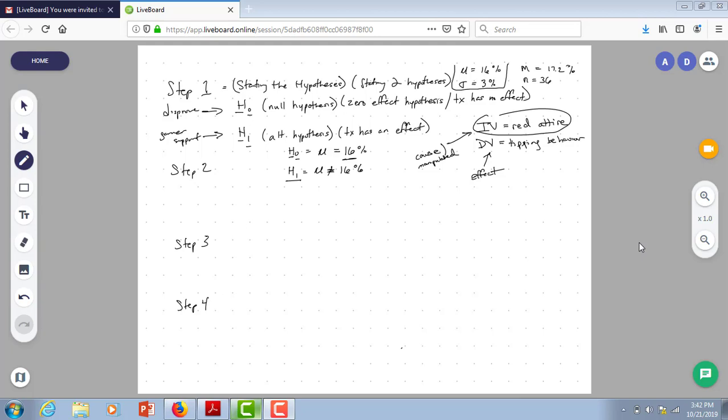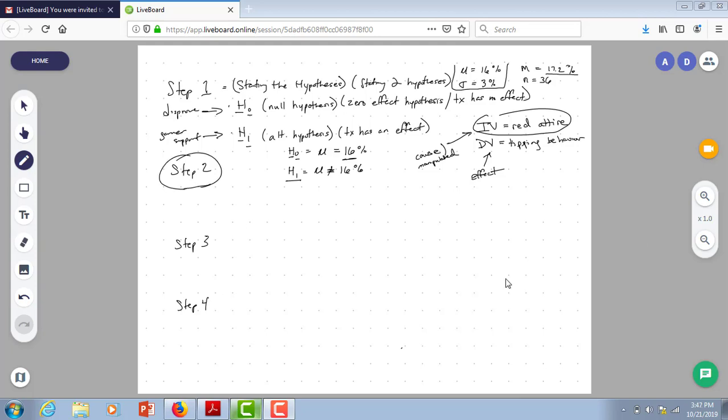We're not specifying if it will be higher or lower, but there will be some change. Just looking at the sample statistical information, we can speculate that it's going to be higher. But remember, hypotheses are usually generated before statistical data is collected.